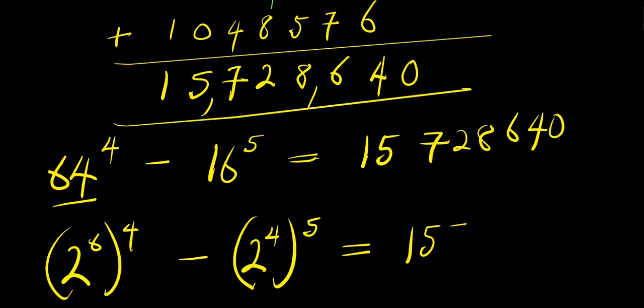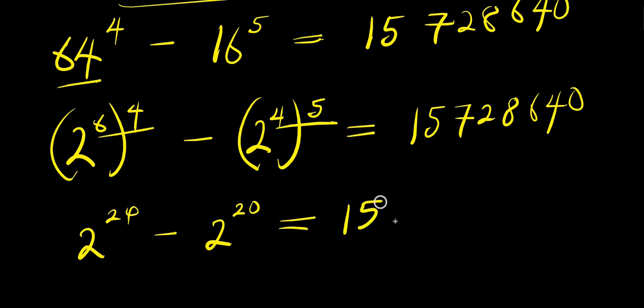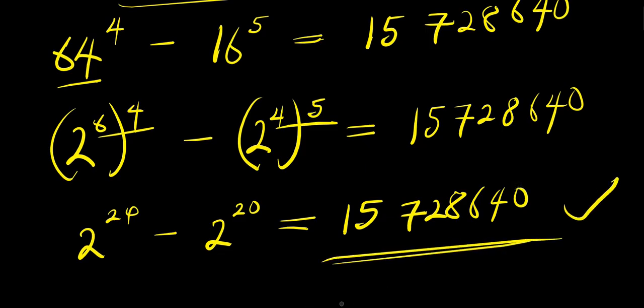If you multiply these exponents, that means 2 to the power of 24 minus 2 to the power of 20 equals 15,728,640. So ladies and gentlemen, that is it.